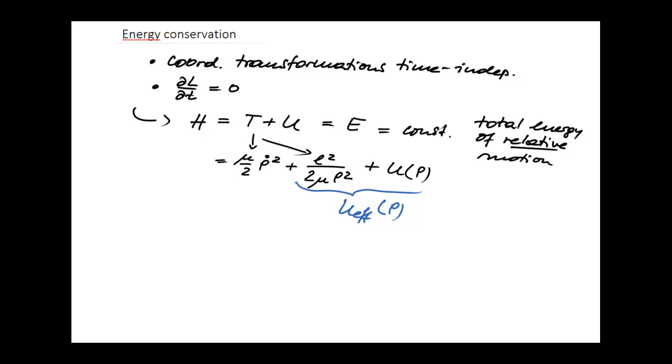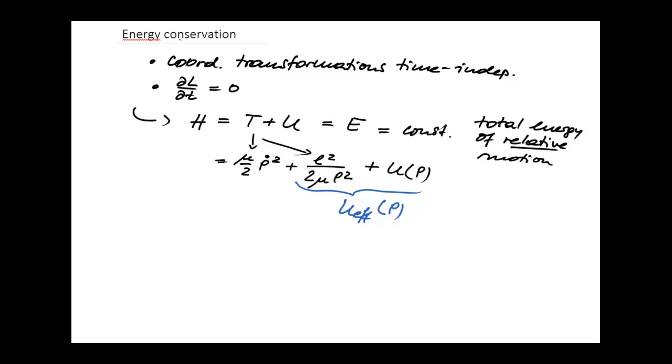Written in this way, for the Hamilton function, for the total energy, we have a form that we know from one-dimensional problems, where we have a kinetic term, which is the velocity squared, plus some potential which depends only on position. So we will now treat this as a problem in one dimension with effective potential, U effective, as I had indicated here in blue.